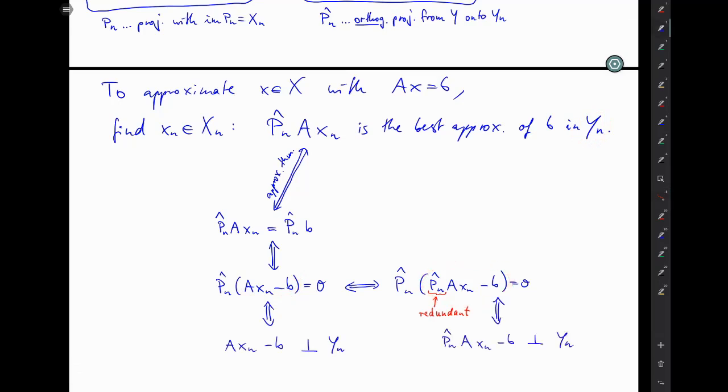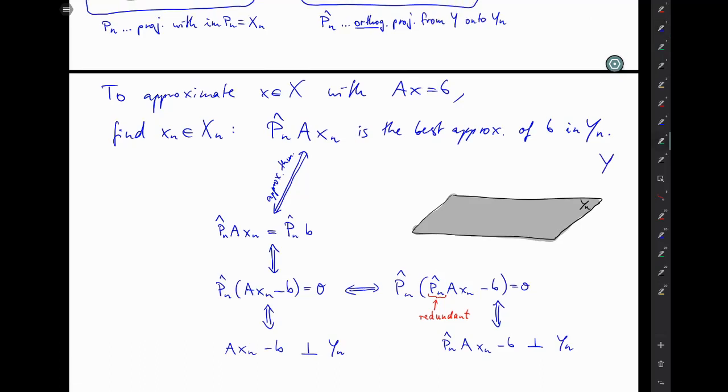And maybe it helps to summarize everything in a little diagram. So let me draw the subspace Yn as a plane this time so we can see orthogonality a bit better. And the space surrounding that plane is our capital Y. And our right hand side B is here. And the best approximation of B in Yn, well, is obviously here.